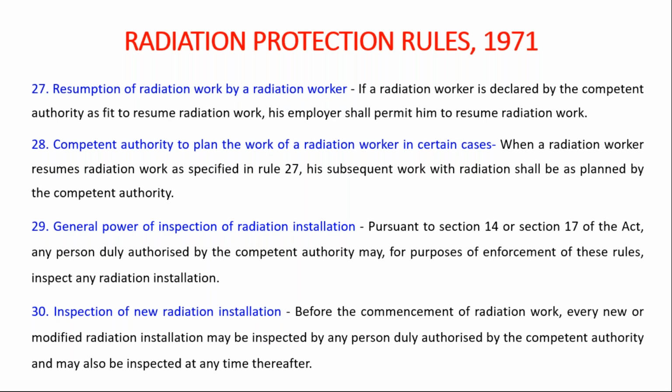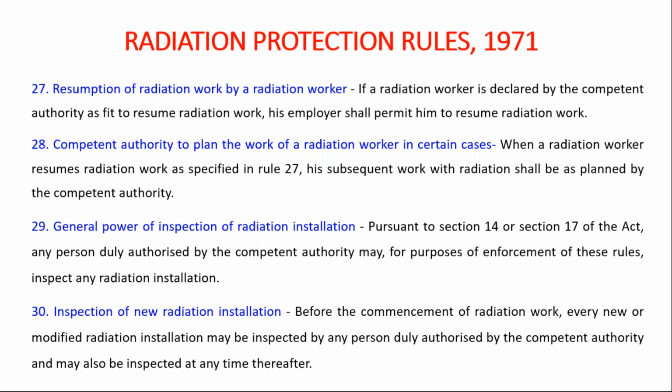And if after some time, after medical treatment, that radiation worker declares that he is fit, and if the competent authority also says that he is fit to resume that duty again, then the employer can permit him to resume the radiation work.